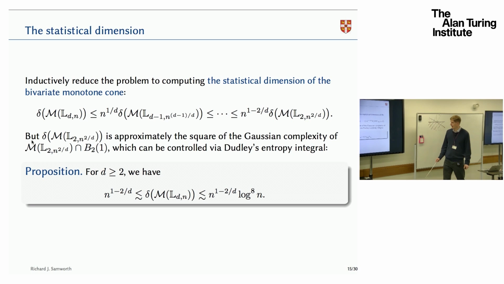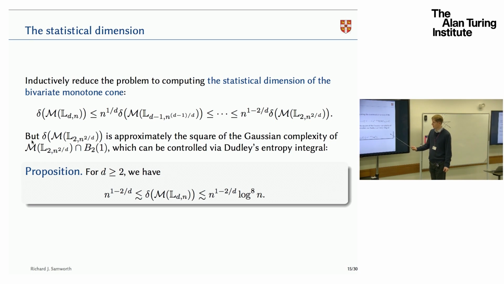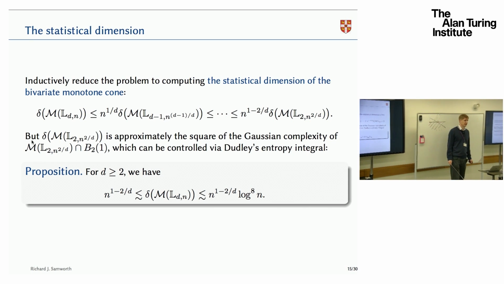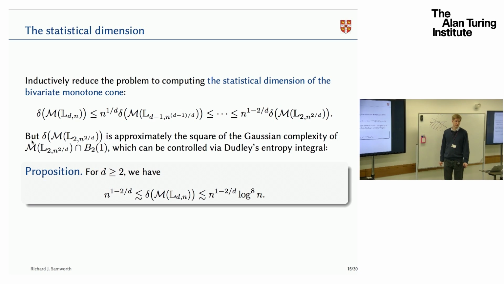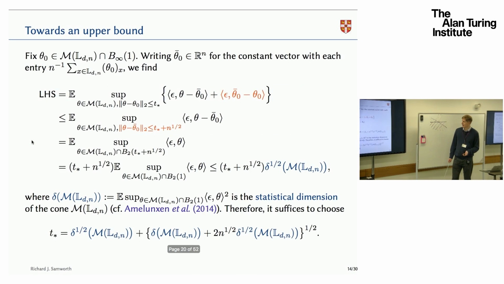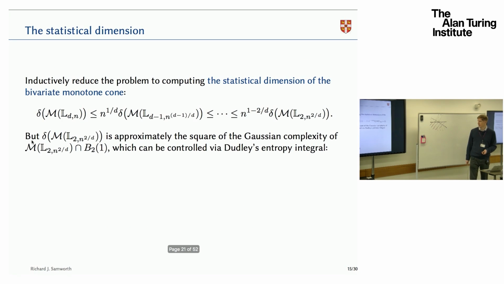And I'm also not going to worry too much in this talk about polylogarithmic factors here. So I'm really thinking of this as being basically n to the 1 minus 2 over d. So, okay, that means that we can just plug that back into this formula and get a bound on the risk of the least squares estimator.